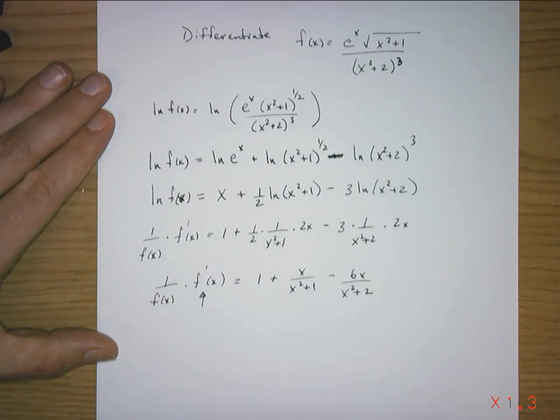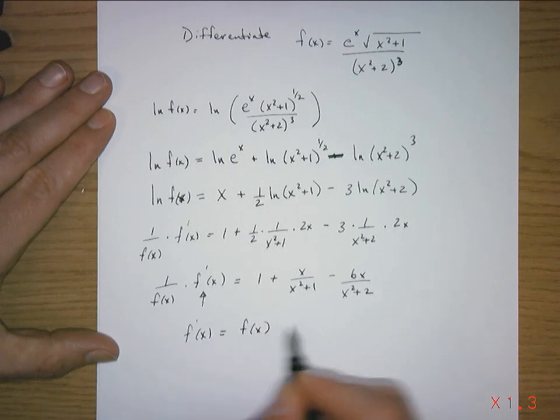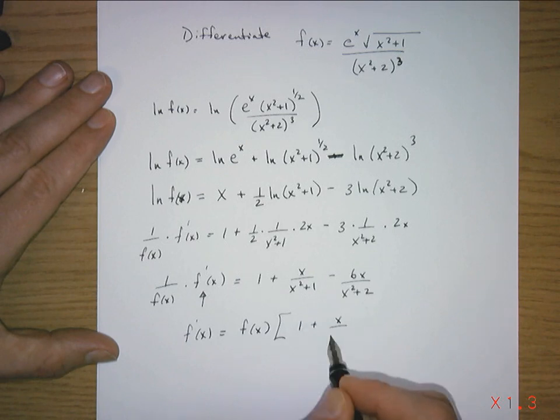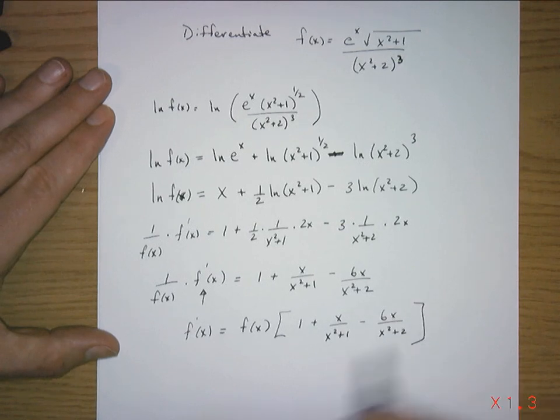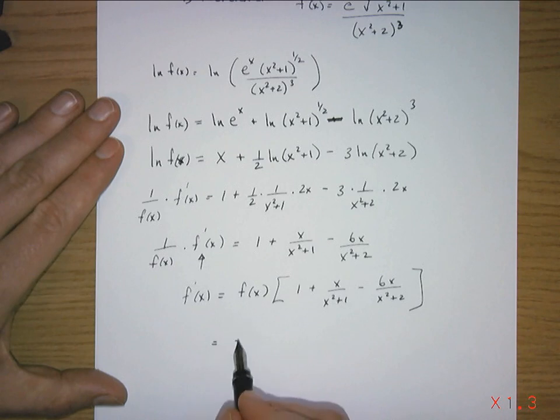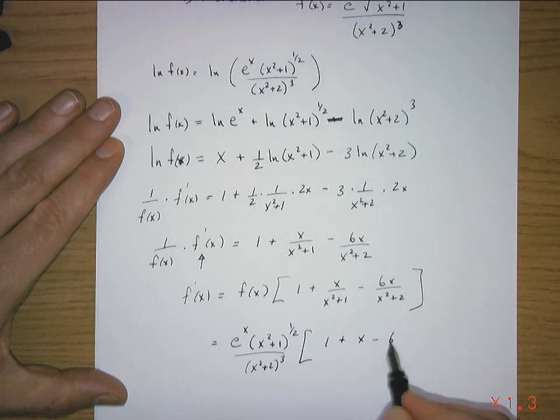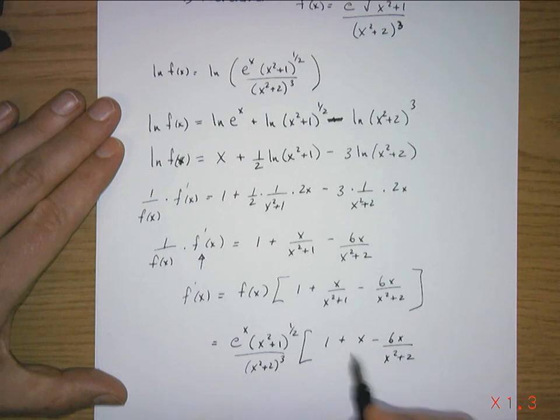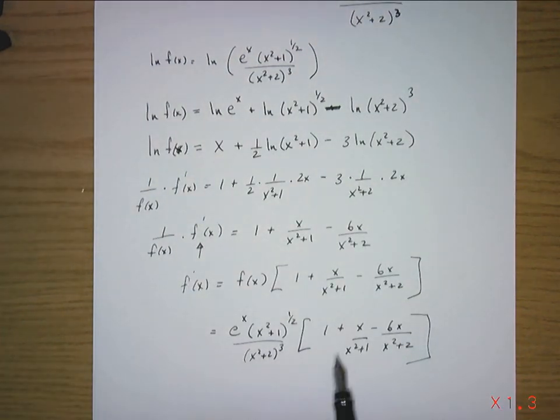Since I'm just mainly teaching derivatives at this point, I'm thinking that we could leave it like this, because if I don't have to set it equal to 0 or anything, there's nothing wrong with leaving it.